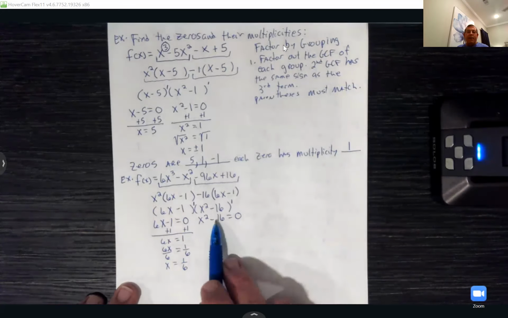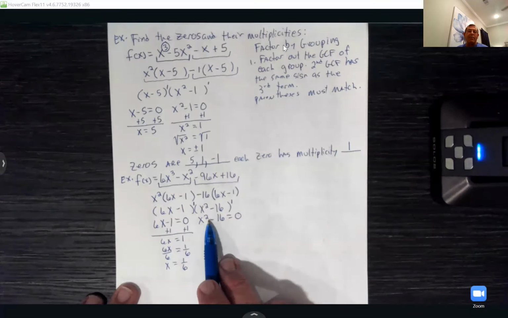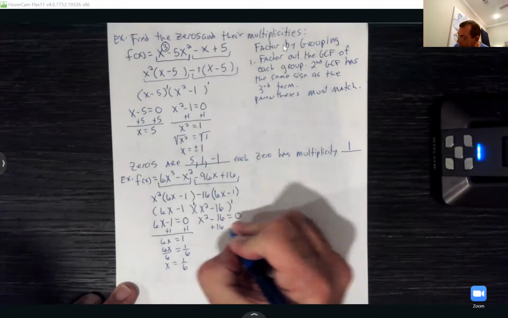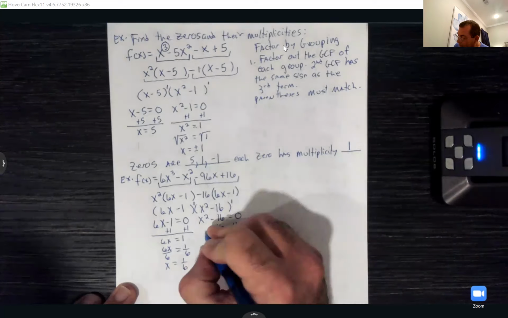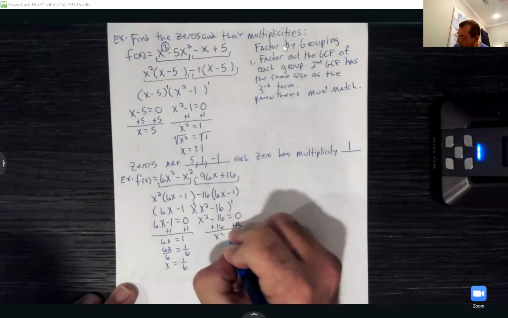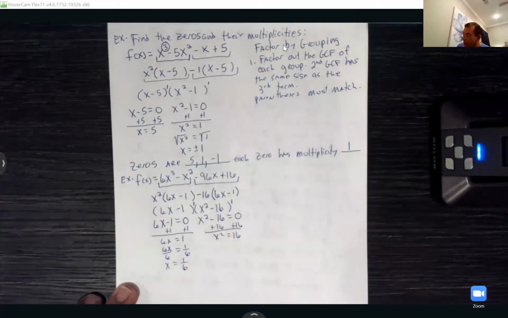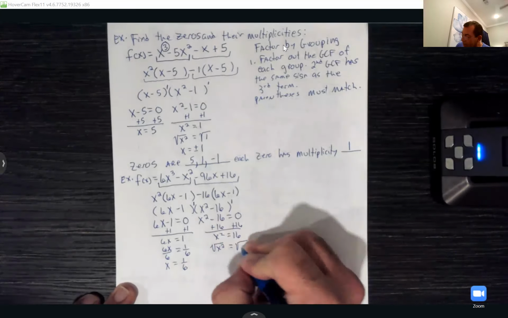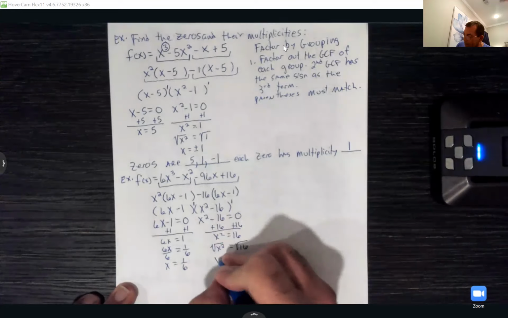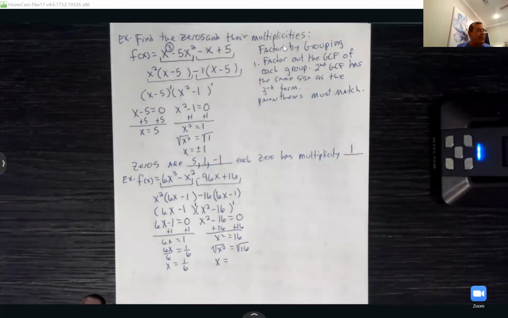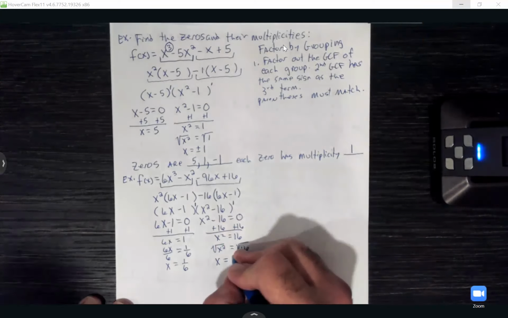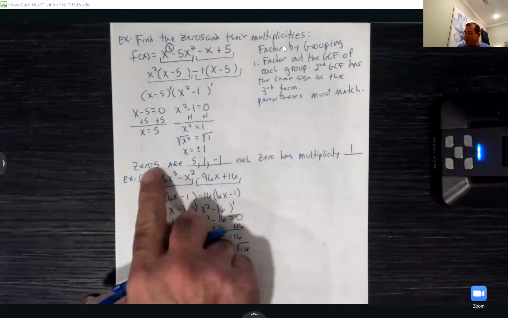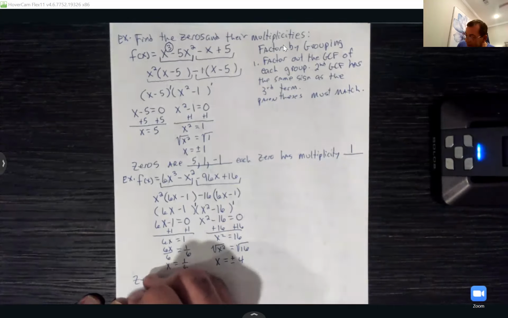Then over here, remember that's an x squared. So I'm trying to get that by itself by adding my 16. And then I'll square root this. So the square root of 16 is plus or minus 4.